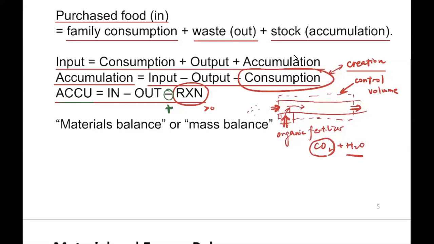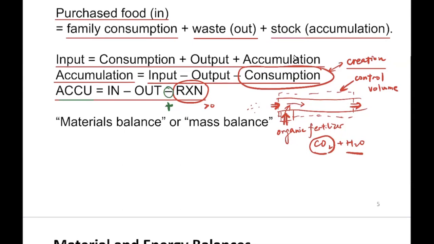This is how we determine the sign before the reaction term. For a lot of wastewater treatment processes, the sign here should be negative, because we're always talking about the removal or consumption of these pollutants.